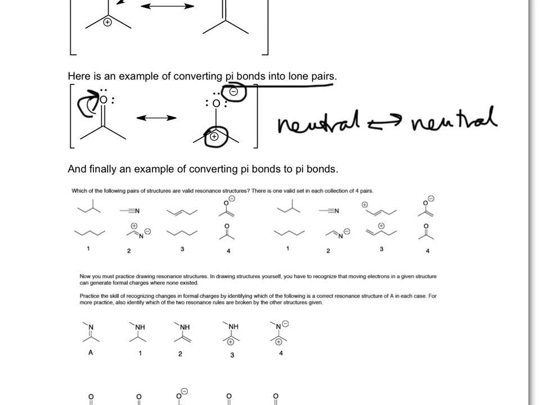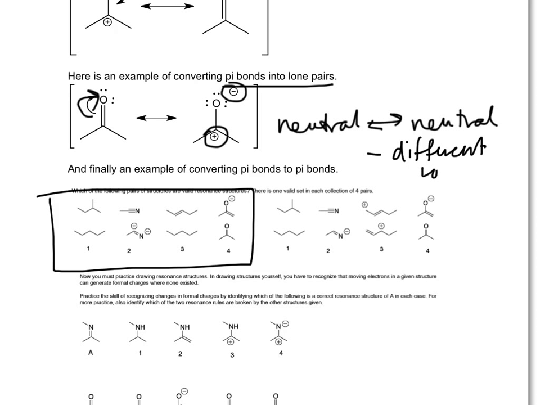So now below here what I have is a series of molecules where we have to figure out if the pairs are valid resonance structures. And there's going to be 1 valid set in each collection of 4 pairs. If we start over here, we can see 1 and 2, they are not resonance structures because they have a different connectivity.